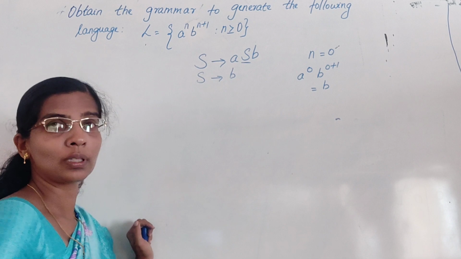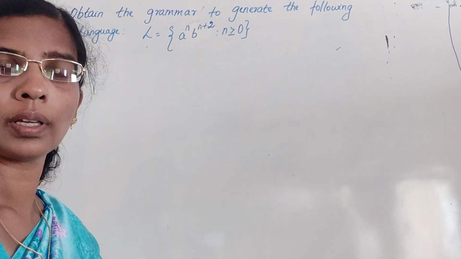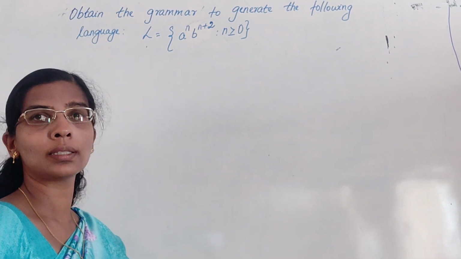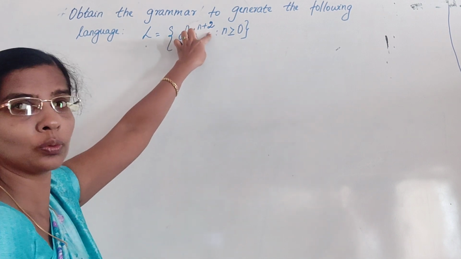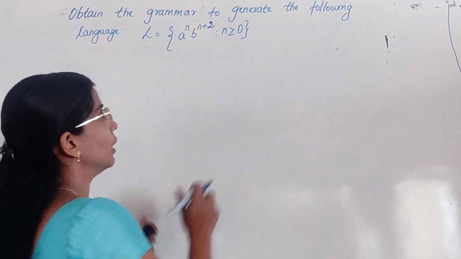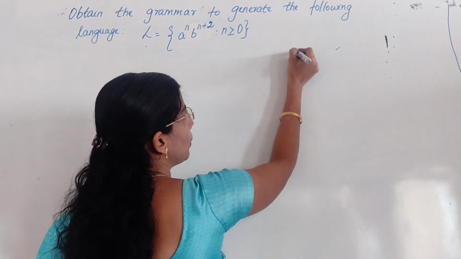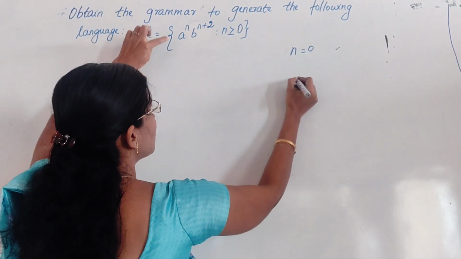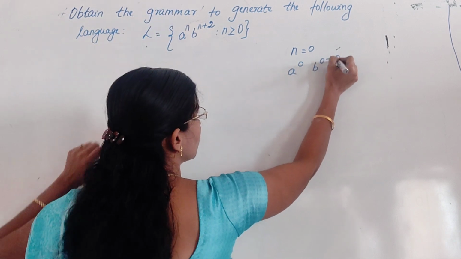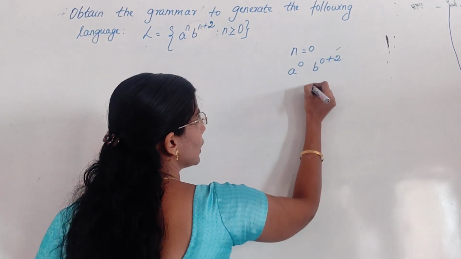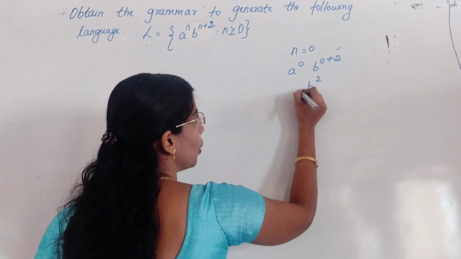We can see one more sum. See this sum. See this language. L is equal to A^n B^(n+2). Right? We'll check now. What is the minimum n value? 0. Substitute here: A^0 B^(0+2). B^(0+2) is nothing but B^2. What is B^2?